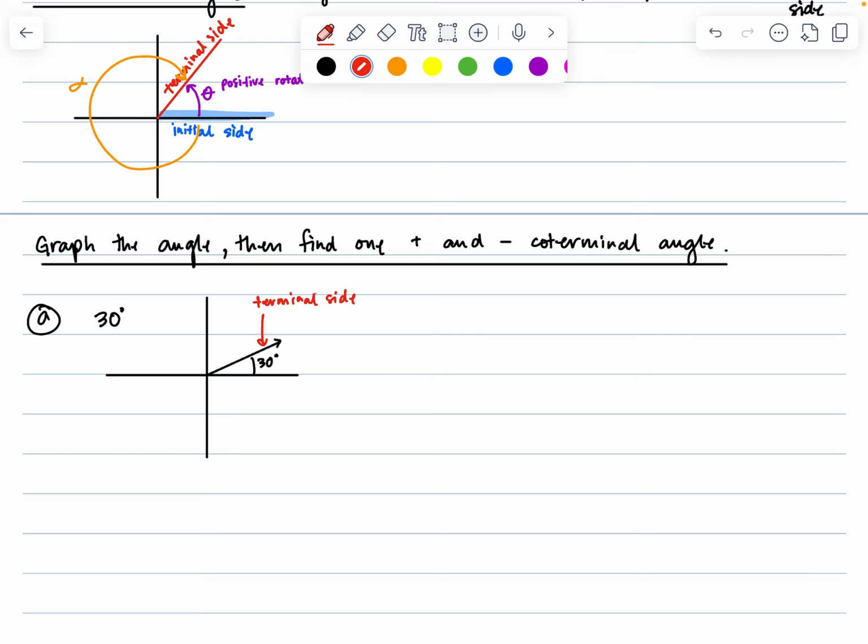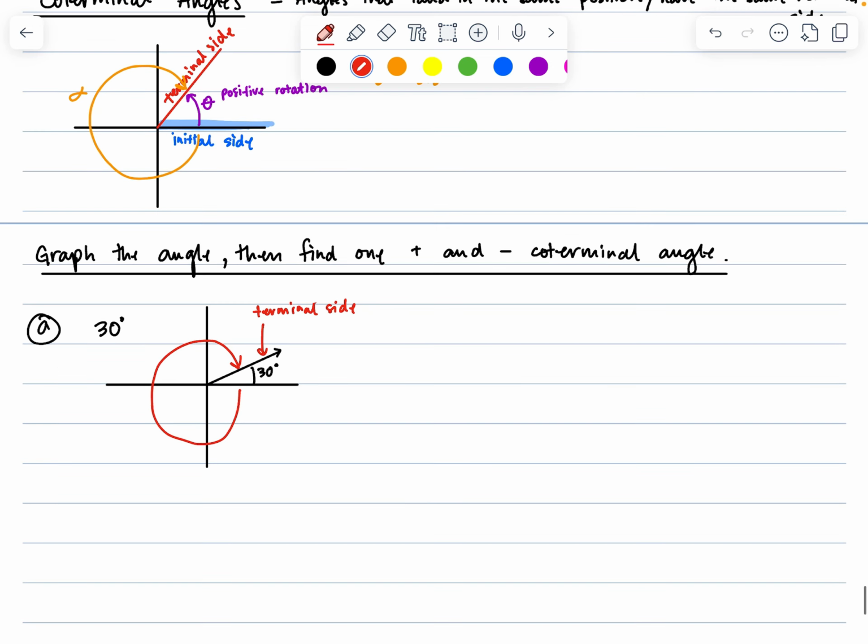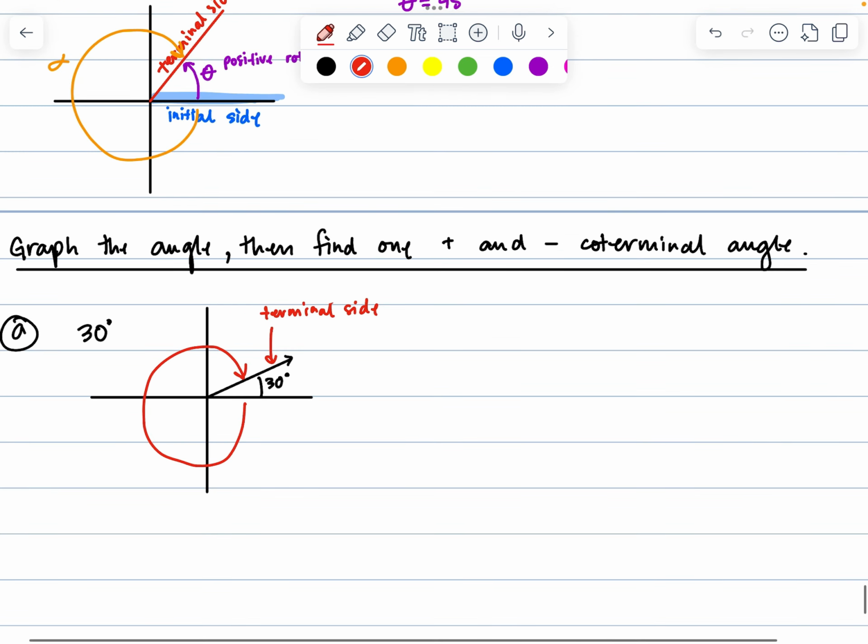We need something else that lands there. So what I'm going to do is let's start with the negative. I'm going to rotate around. Ooh, that's not right. Starting with the positive x-axis, that's always our initial side. We're going to rotate what looks to be about negative 330 degrees.